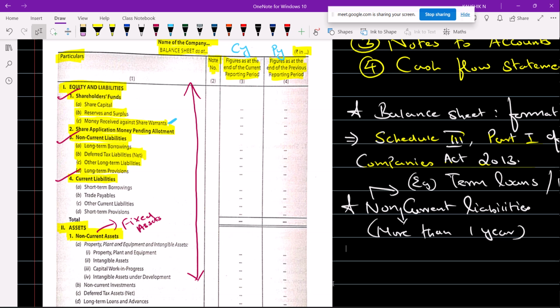Some of the examples we saw here under non-current liabilities were for long-term borrowings. So these are all the subheadings of your major head called non-current liabilities.